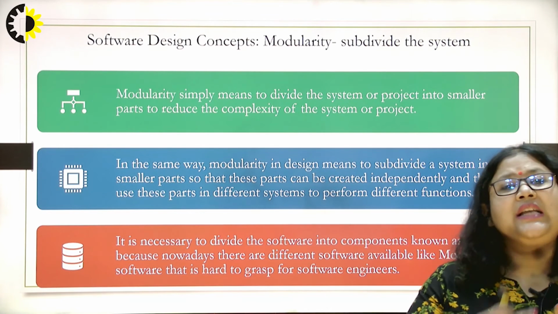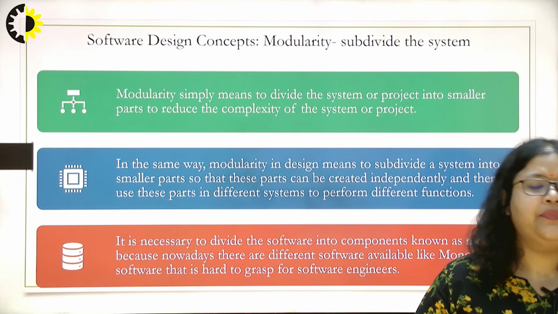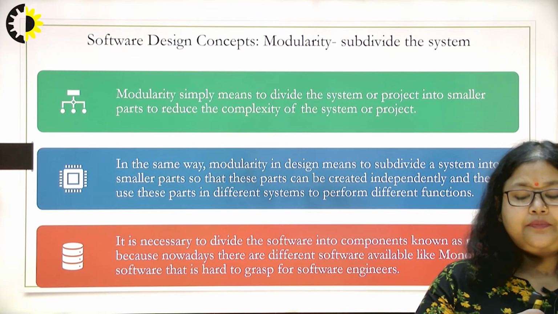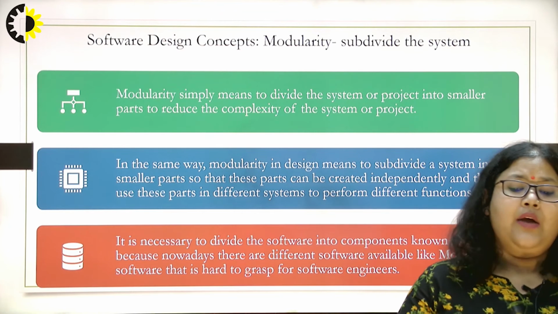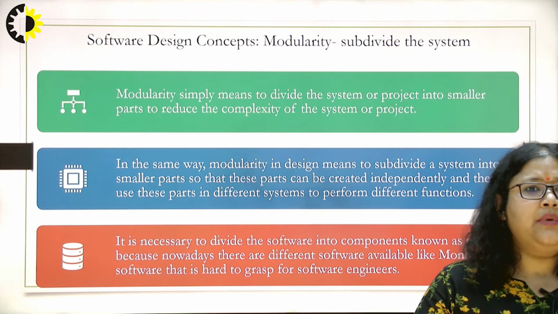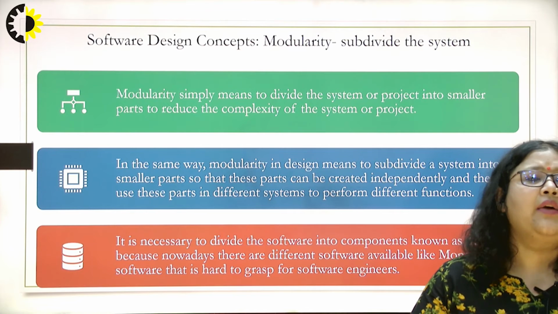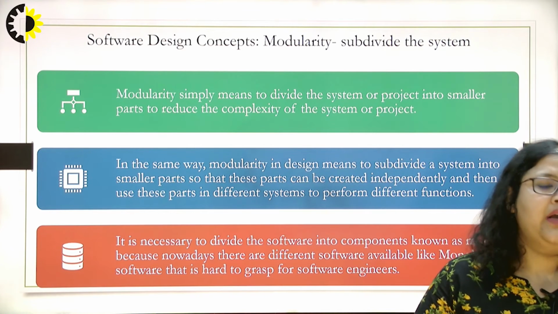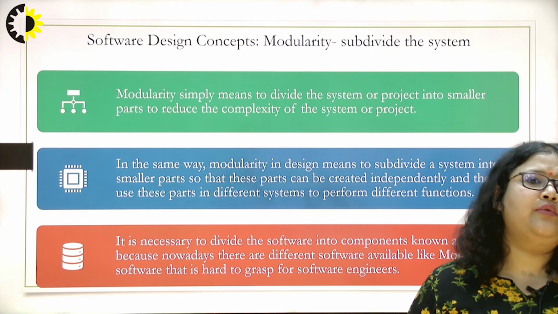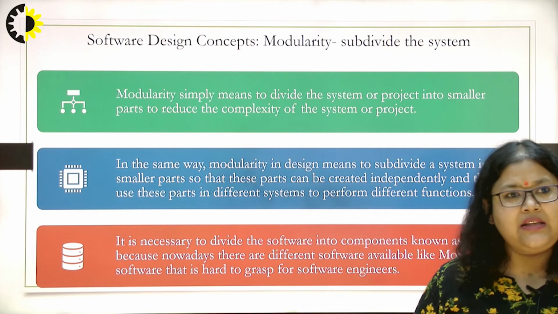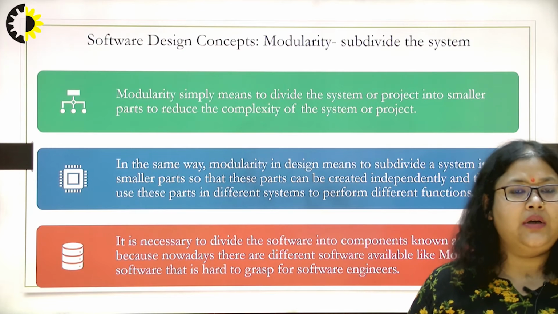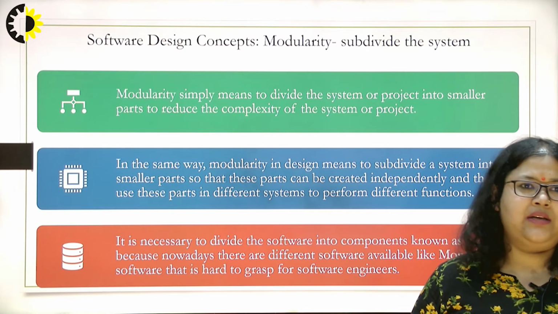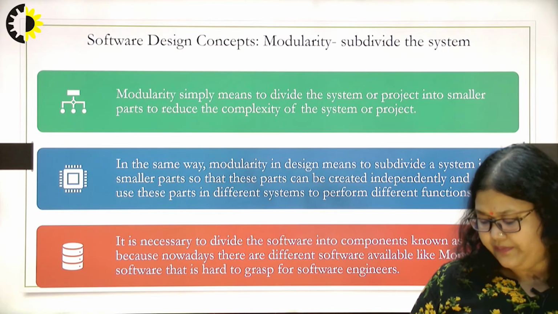So we easily reduce the complexity of the system, easily maintain its quality, and easily find the errors of the system. So it is very important that we develop the software in a modular way. Each and everything we maintain independently and perform the task independently. So this is the modularity concept.